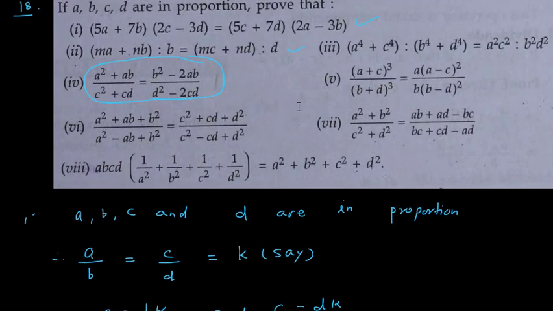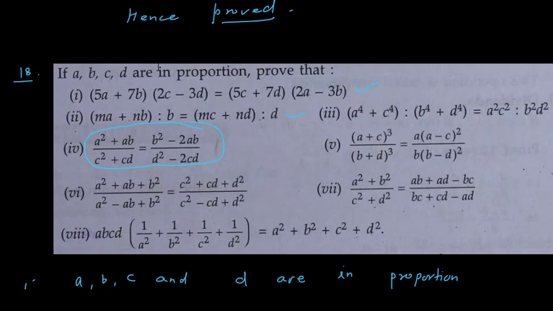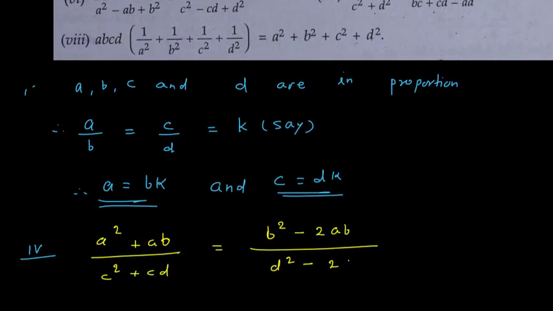Question number 4. Okay, so let us again see: (A square plus AB) upon (C square plus CD) is equal to (B square minus 2AB) upon (D square minus 2CD). This we have to prove. Okay, AB and CD.